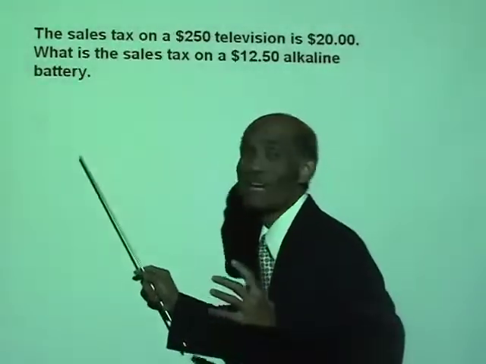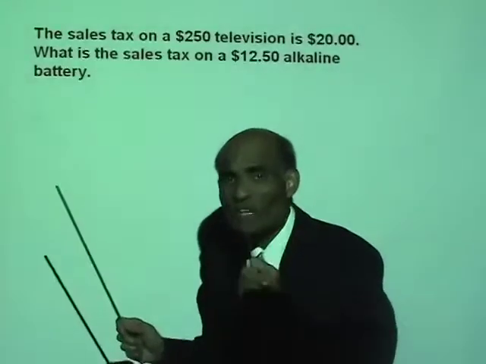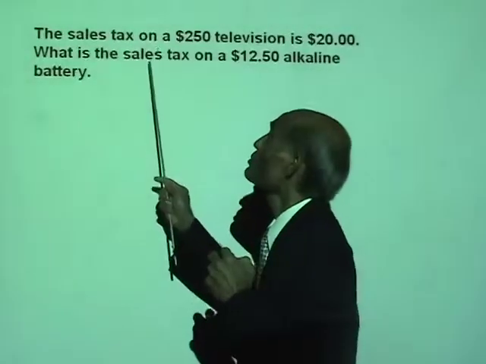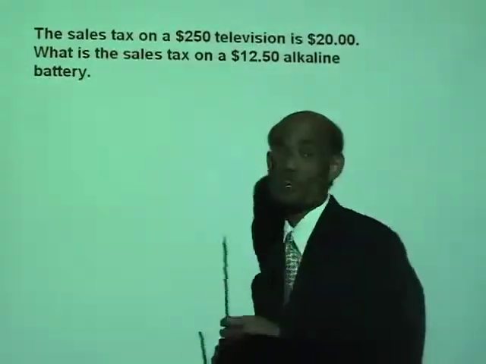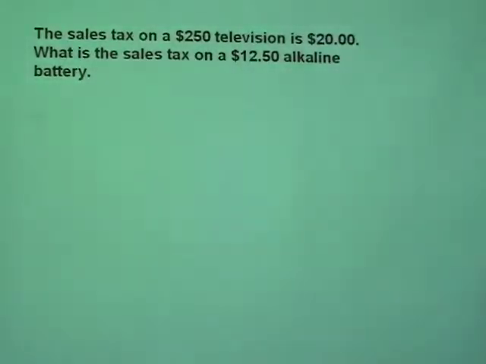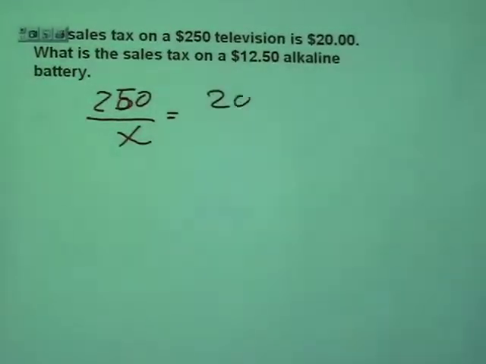Which of the following is the correct proportion in order to do this problem? Now, you will be given 4 choices of proportion. In other words, let me give you 4 choices and see whether you can pick the correct proportion. Well, I'm giving you one here, 250 divided by X equal to 20 divided by 12.5. That is one proportion.